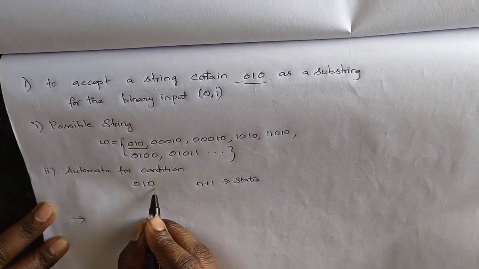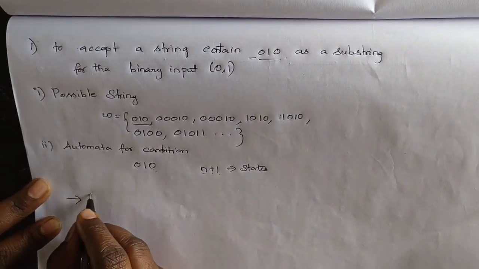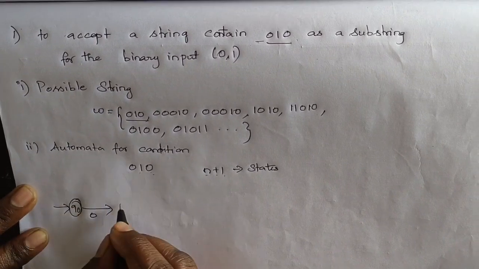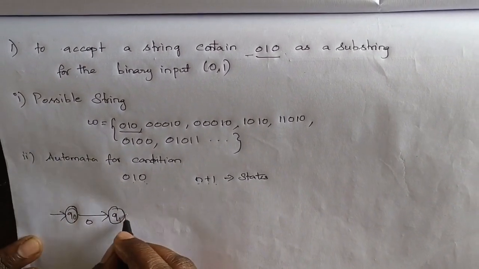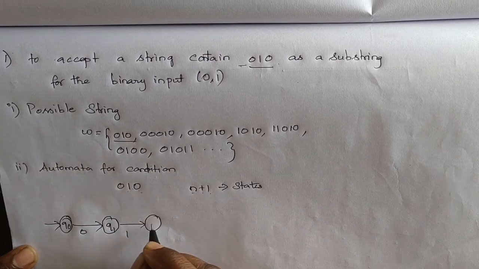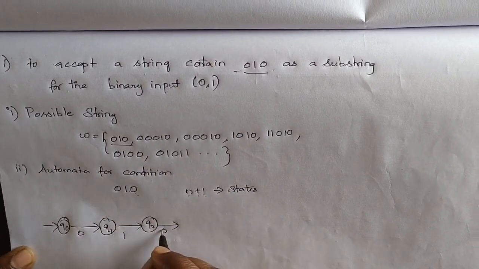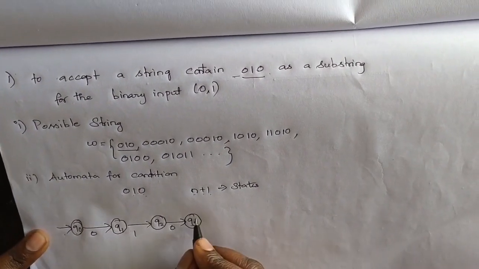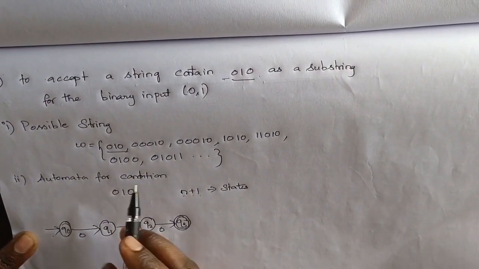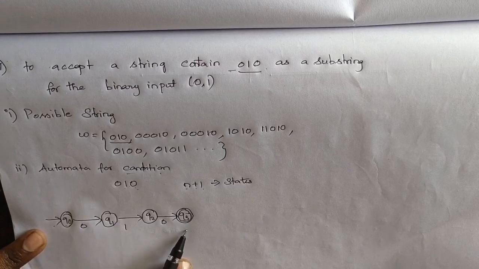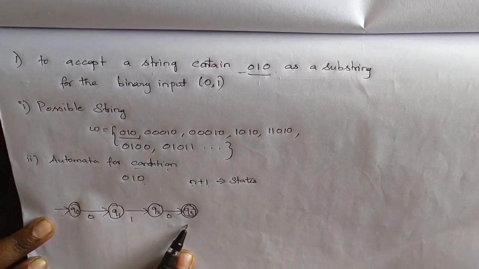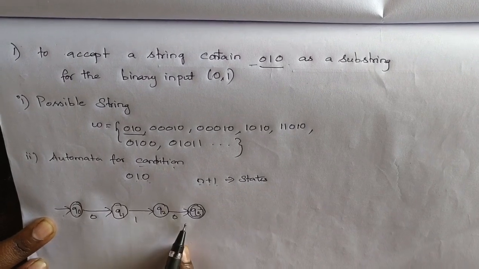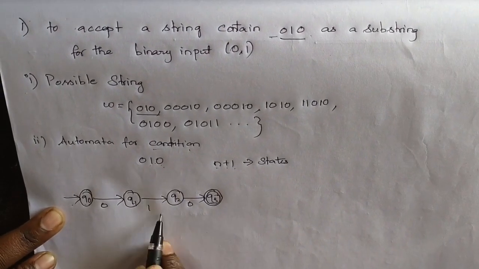So if there are 3 inputs, we have 4 states. Q0, the first input is 0, then Q1, the second input is 1, then Q2, the third input is 0, then Q3. Here Q0 is the initial state and Q3 is the final state. Initial and final do not change for the maximum one. So this is the minimum condition possible for the automata 0, 1, 0.